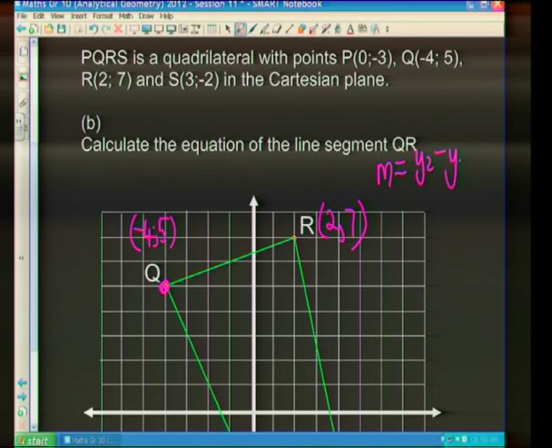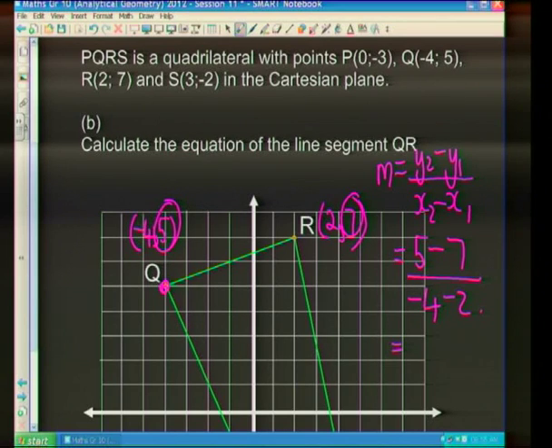So (y2 minus y1) over (x2 minus x1). Right, so I start off with 5 and subtract from that 7, and -4 minus 2. 5 minus 7 over -4 minus 2.